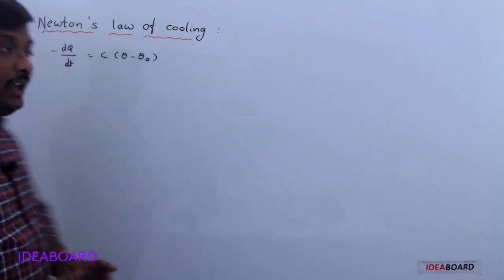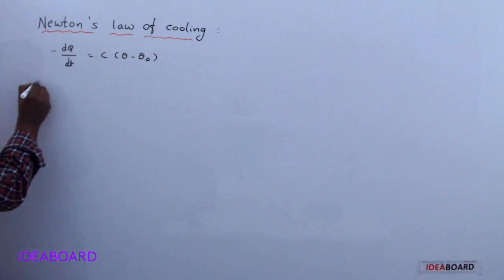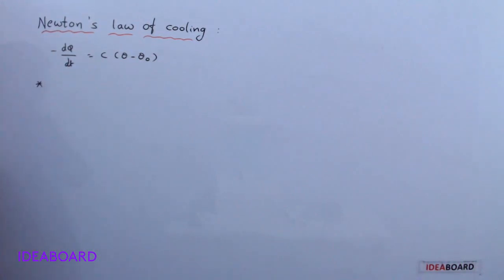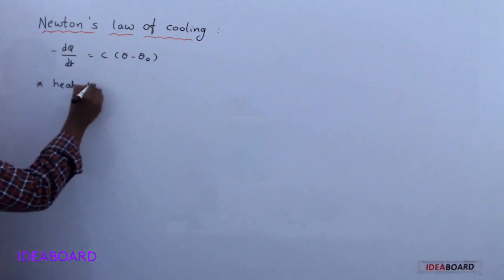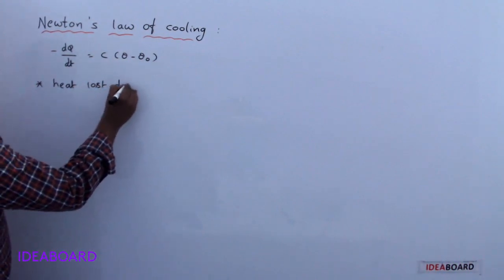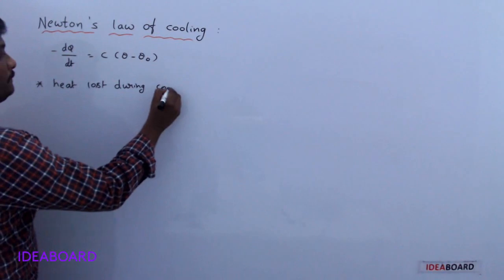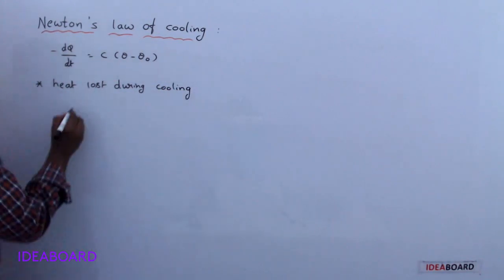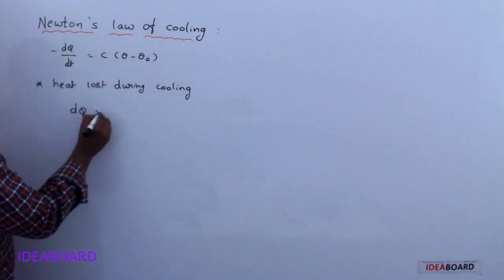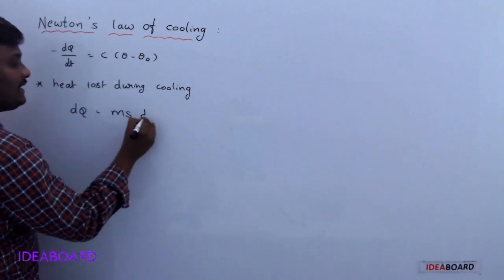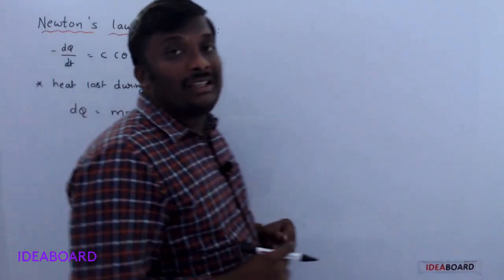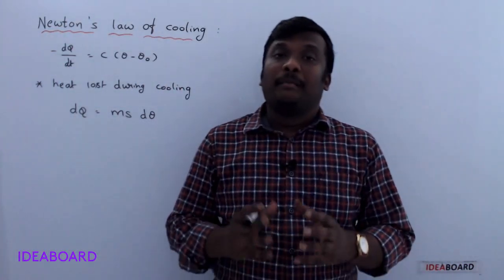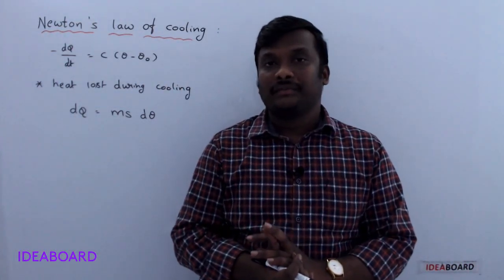And from the definition of specific heat, we know the heat lost during cooling is nothing but dQ is equal to m s d theta. We use this equation in the principle of calorimetry also.